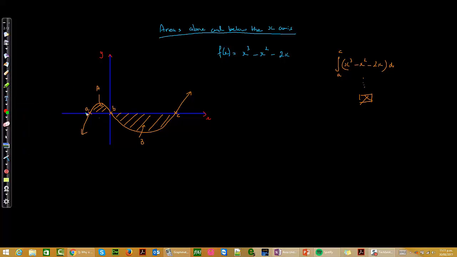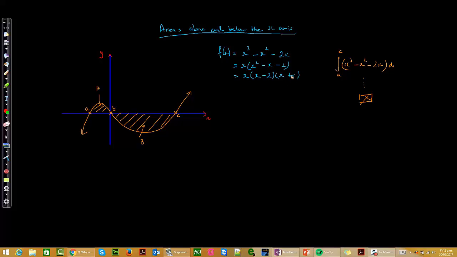I've actually indicated some points here that are going to be important, these A, B, and C values. Well, this actually does factorize quite nicely. If you factorize this, you can take a common factor of x out, x squared minus x minus 2, which then factorizes one stage further to x minus 2 and x plus 1.